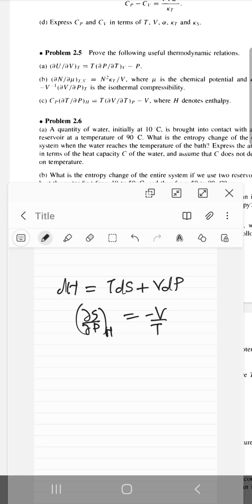So it's T times that minus V. Partial T upon partial P at constant enthalpy. How does that even make sense? So you're using enthalpy now, aren't you?